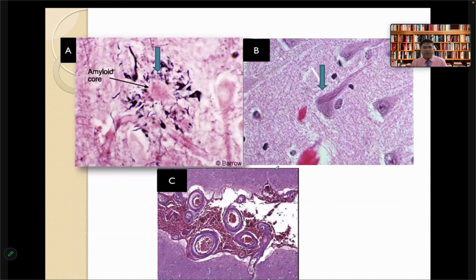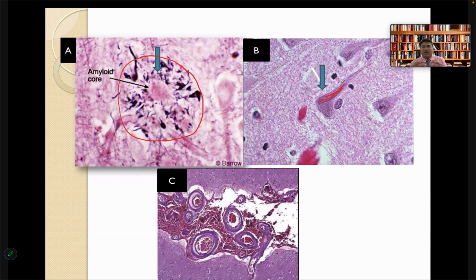And we know the important pathological features, lesions which are present in the brain of this patient. So here we see 3 important features. A is called neuritic plaque. Neuritic plaque, P-L-A-Q-U-E. And B, in this image, if you look carefully, you see some entangled fibers.